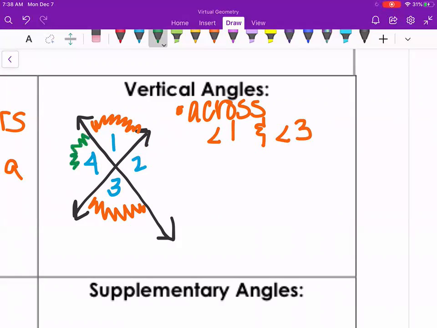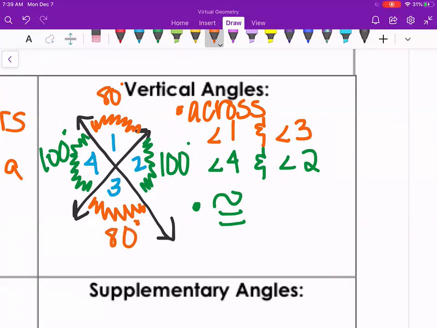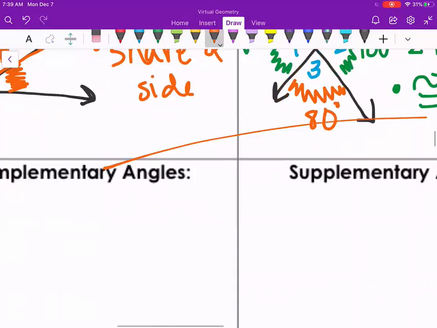The other option could be angle 4 and angle 2. And the big thing here to remember is that they are congruent. So if angle 2, let's say, is 100, so is angle 4. If angle 1 is 80, so is angle 3. They are congruent to each other.